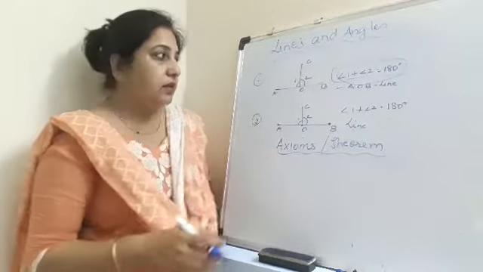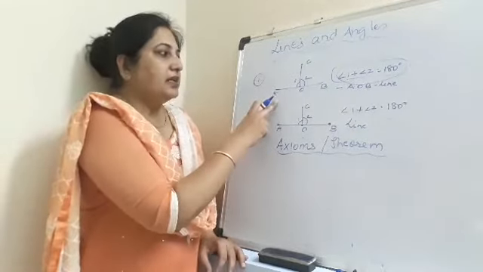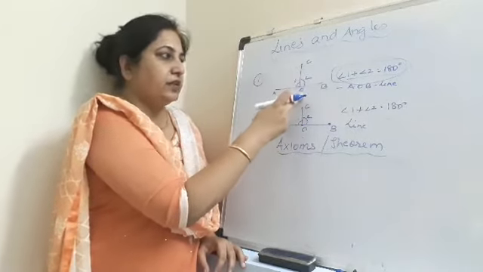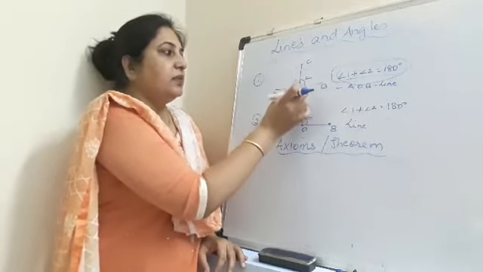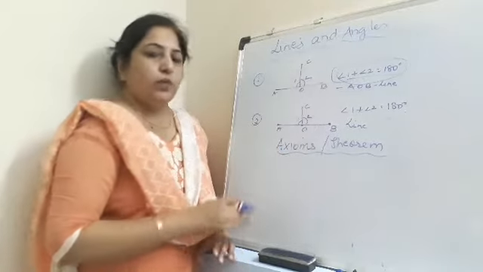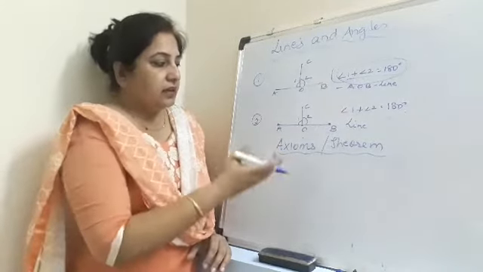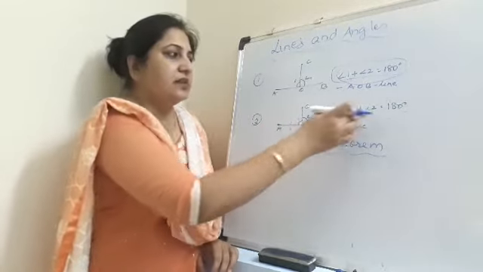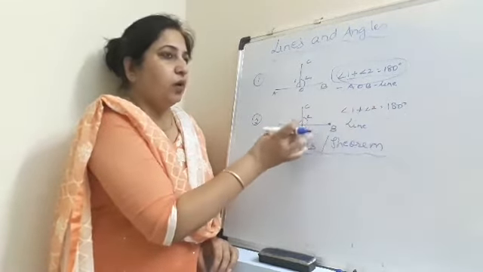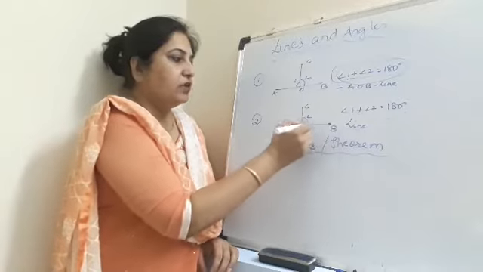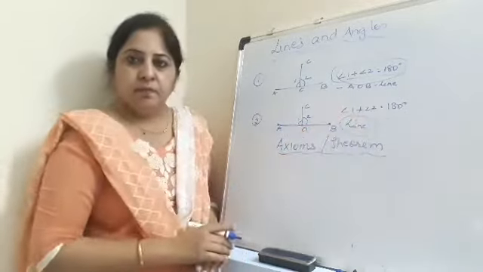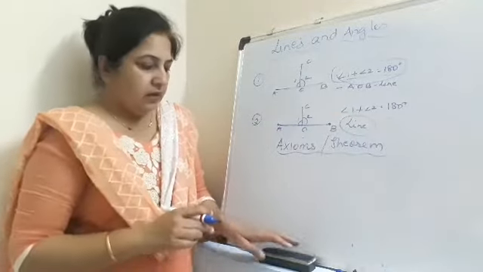Axiom 1 says that if AOB is a line, then a ray standing on it, that is OC, the sum of the adjacent angles is equal to 180 degree, and the converse of it is, if the sum of the two adjacent angles is 180 degree, then OA and OB are opposite rays, and so they form a line. These are the two axioms given.